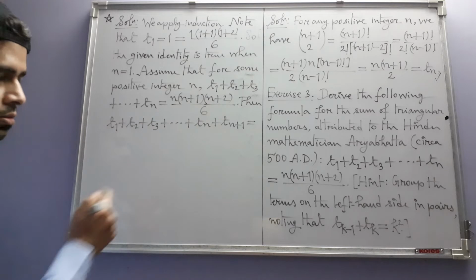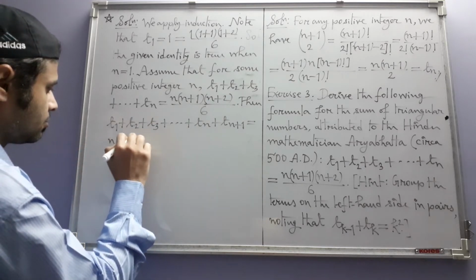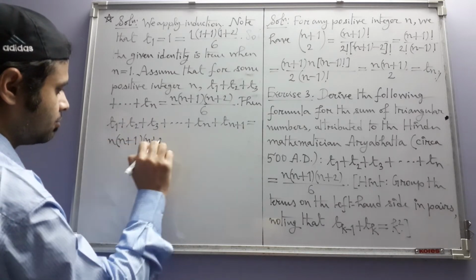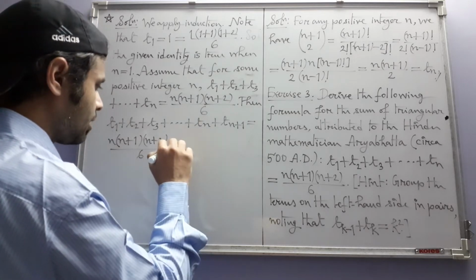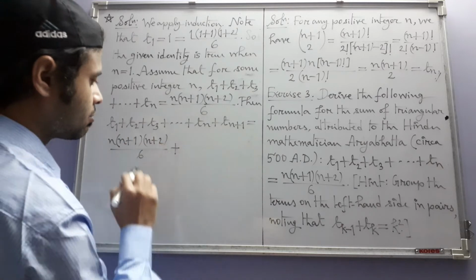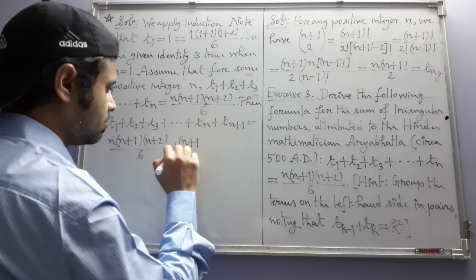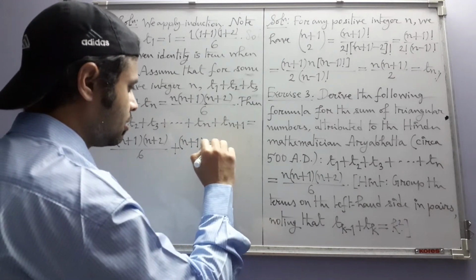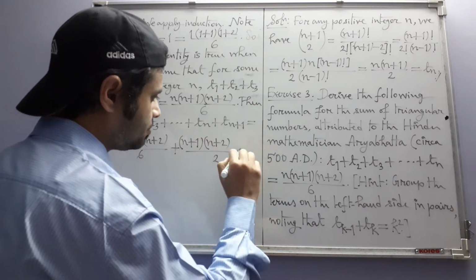Of course, according to our assumption, this part is equal to n times n plus 1 times n plus 2 divided by 6, and we know the expression for T(n+1), which is (n plus 1) times (n plus 1 plus 1), that is n plus 2, divided by 2.